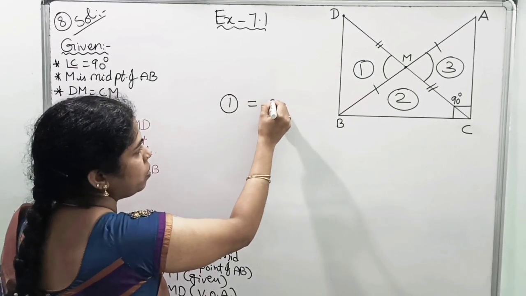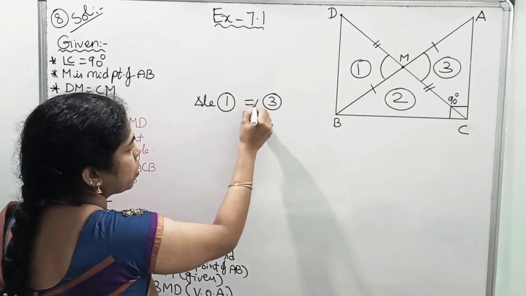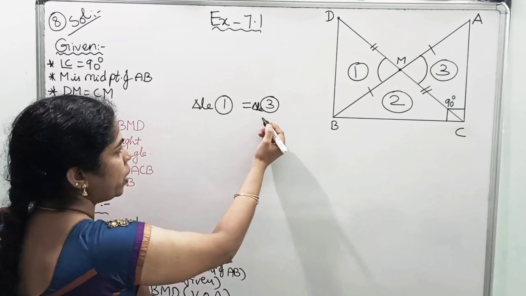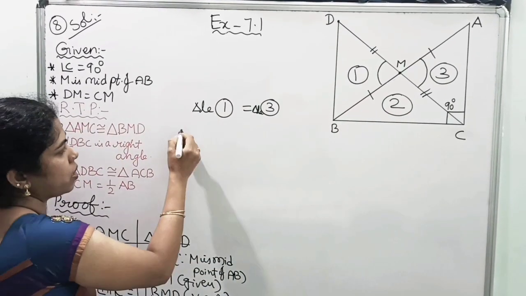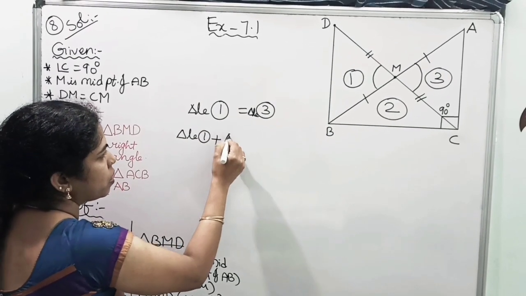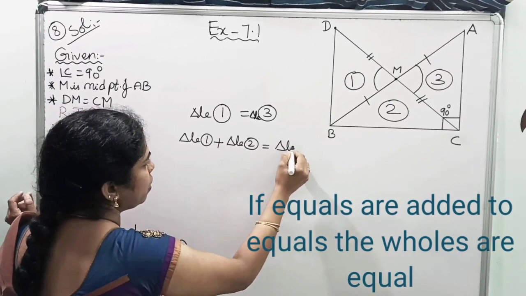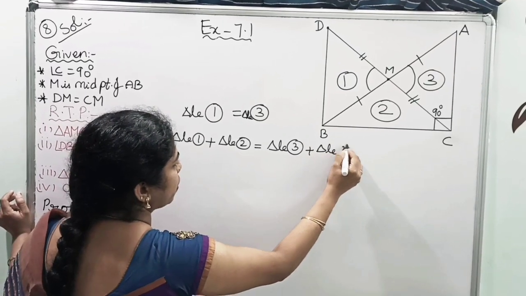You can write like this also: triangle 1 is equal to triangle 3. So, we will add this triangle 2 part on both the sides. So, triangle 1 plus triangle 2 is equal to triangle 3 plus triangle 2.